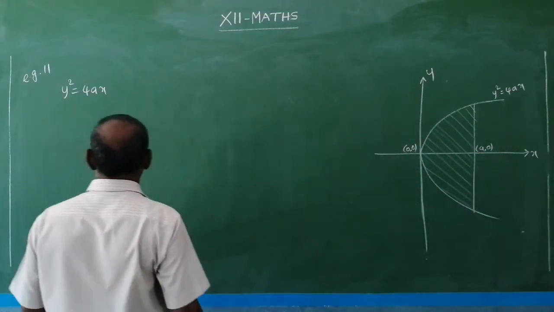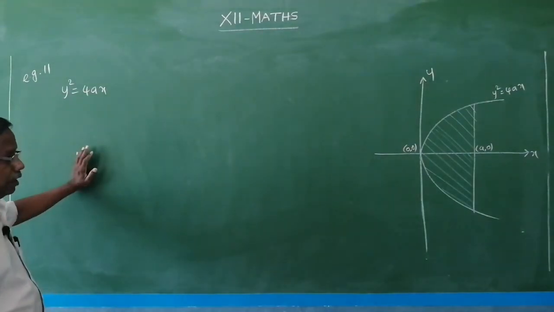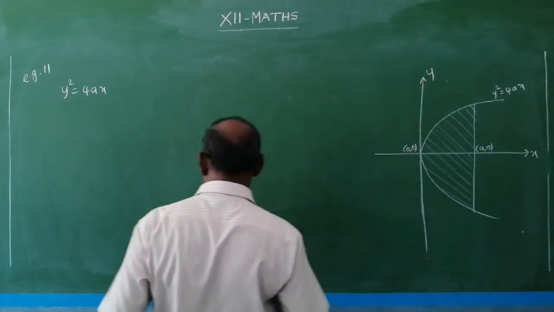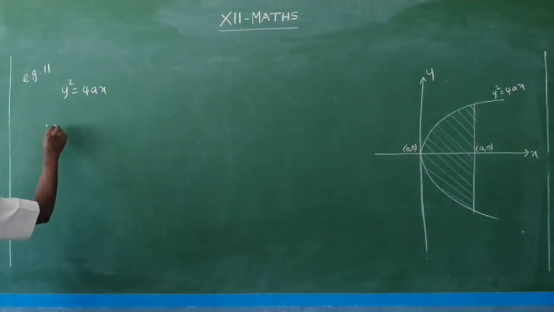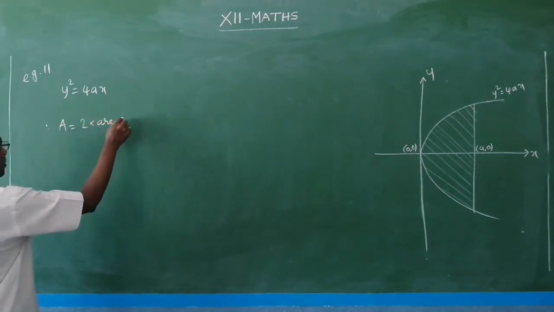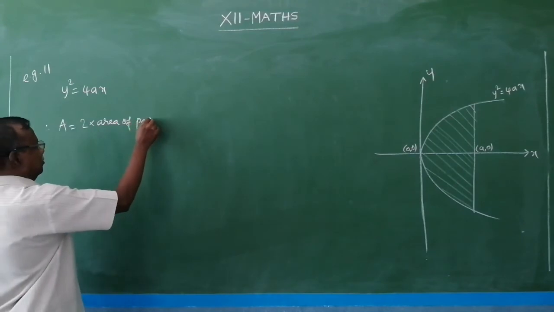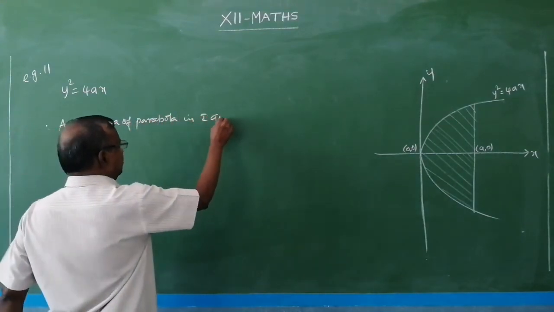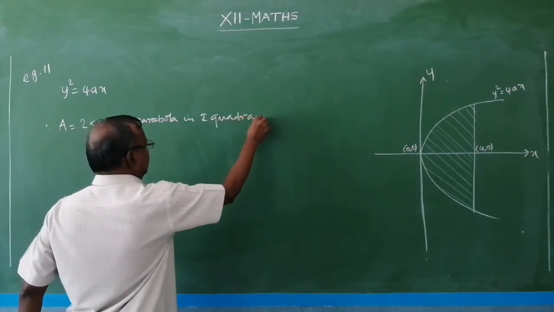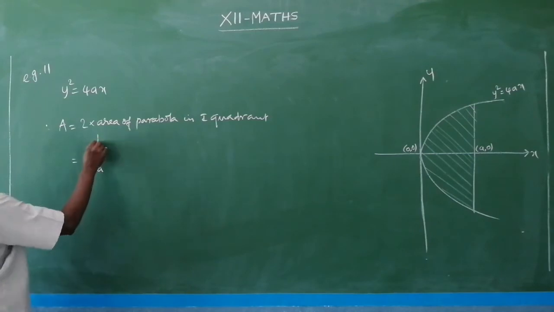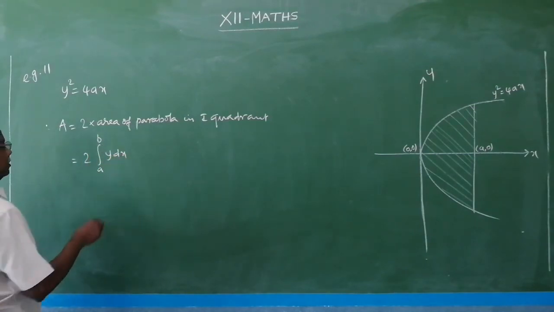Now the parabola is symmetrical about the x axis. Therefore area equals 2 into the area of the parabola in the first quadrant, that is equal to 2 into integral a to b y dx.